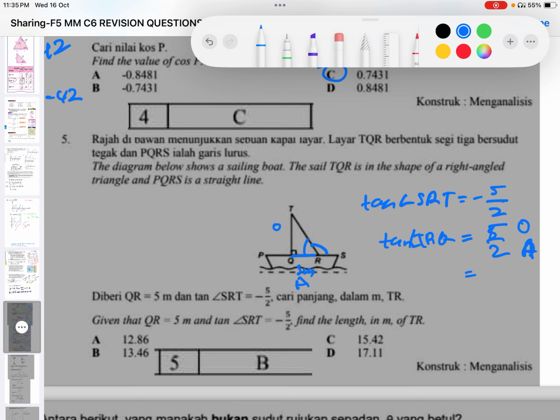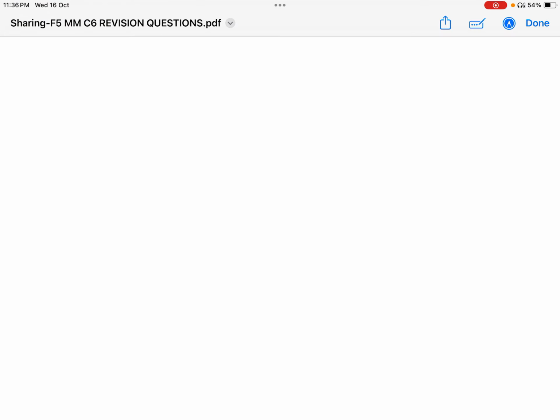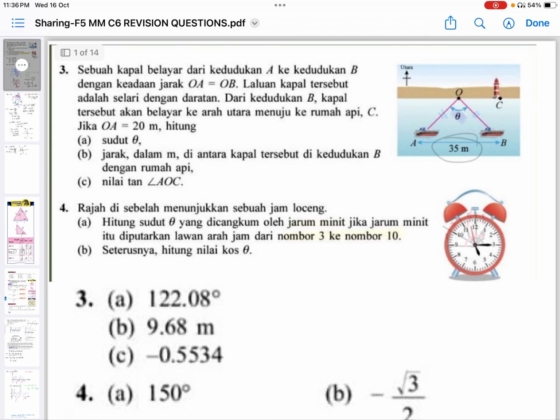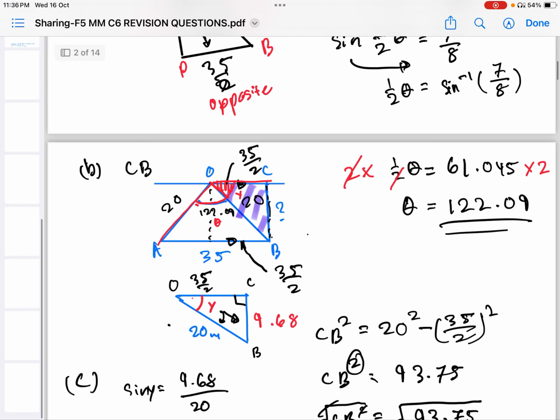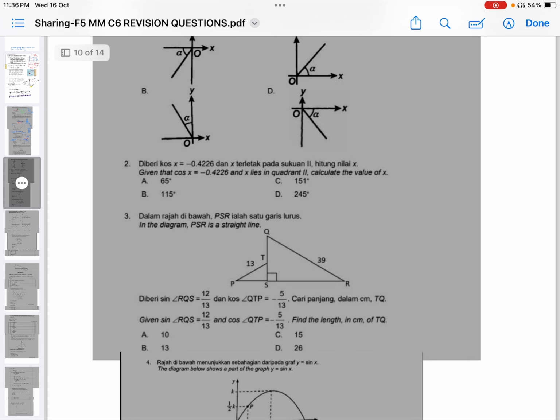So find the length of TR. Oh, okay, it's reloading. Sorry for the interruption.